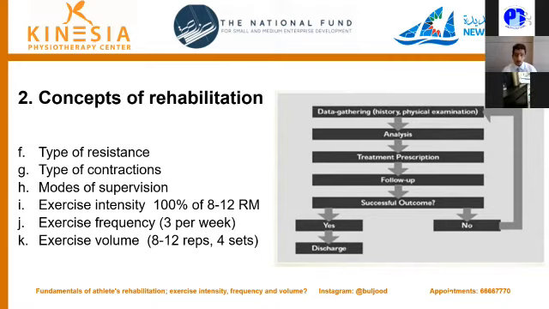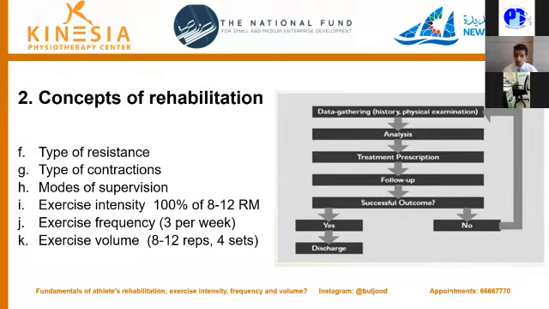Yes, that's nice and correct, but we need to do some more. We need to use all the three ways of resistance: isotonic, isometric, and isokinetic, of course, if we have the machine itself. Using all those kinds is important, because each muscle will get benefit from a different way of resistance. So that's why we need to apply more than one type of resistance.